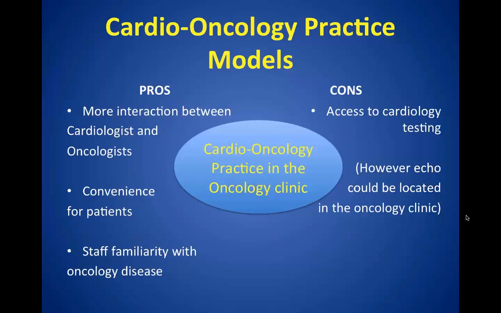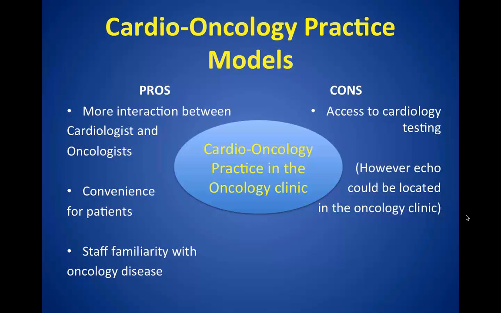There are two primary models for a cardio-oncology practice. One is where the cardio-oncology practice is actually physically located in an oncology clinic. There are several pros to this approach. Obviously, there will be more physical interaction between the cardiologist and the oncologist.